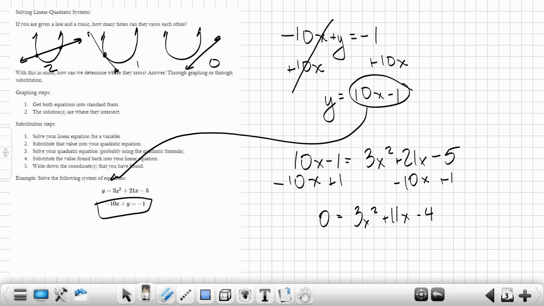Now I just use the quadratic formula to solve for x. Dividing by 3 would be if I wanted to complete the square, which would be an ugly problem to complete the square.